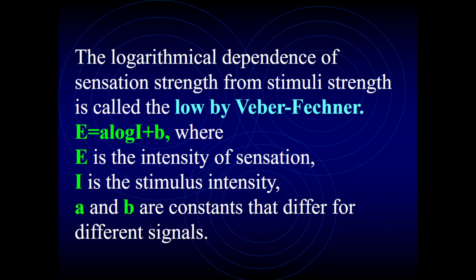E equals A times logarithm I plus B, where E is the intensity of sensation, I is the strength of the stimulus or stimulus intensity, A and B are constants that differ for different signals.